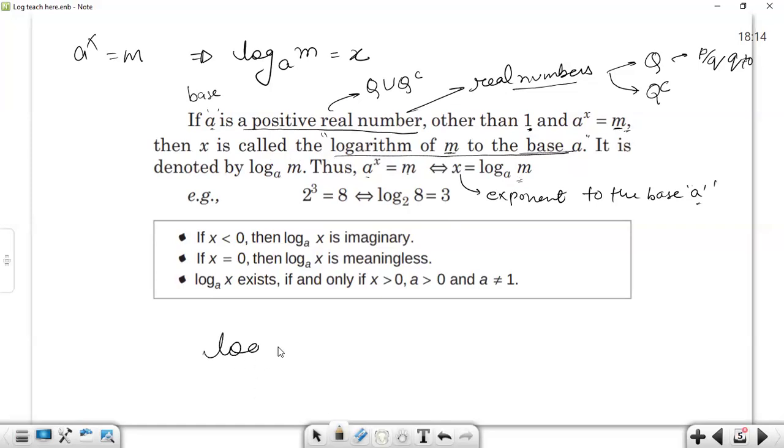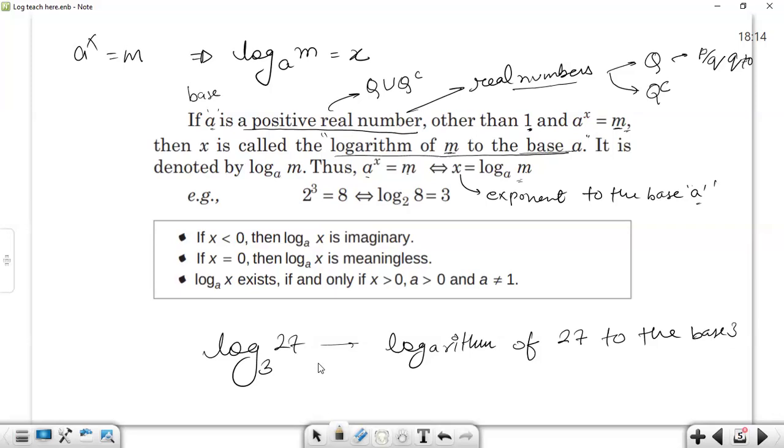How will we read this? Logarithm of 27 to the base 3. This is asking what should be the power of 3 so that it becomes 27.